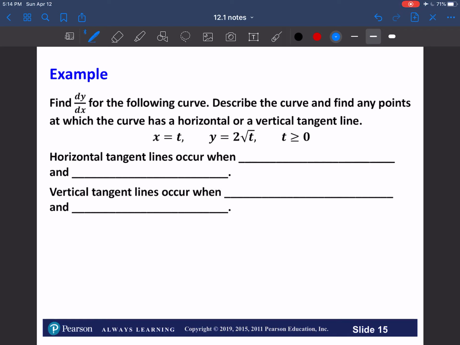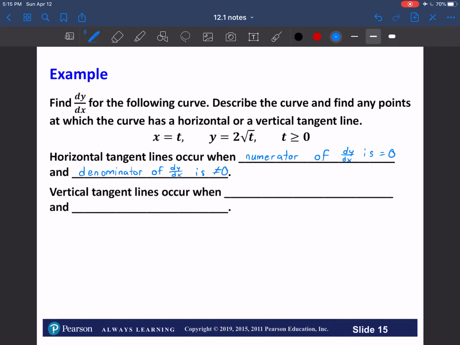First thing to note is that a horizontal tangent line occurs when the numerator of dy by dx is equal to 0, and the denominator of dy by dx is not equal to 0. It's very important that we also meet the second condition.